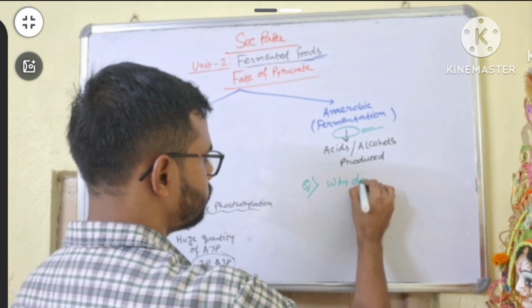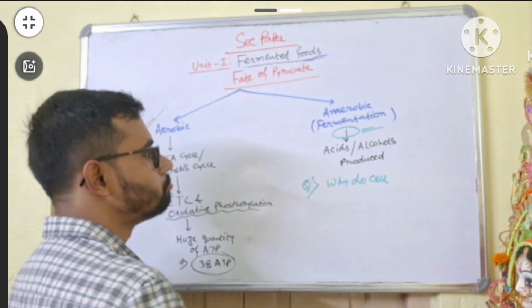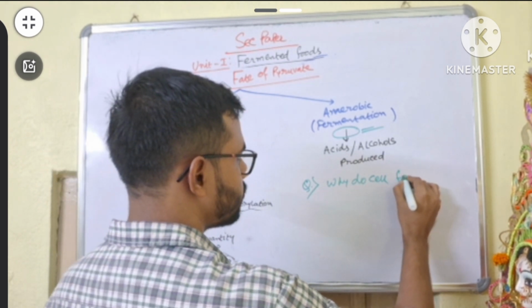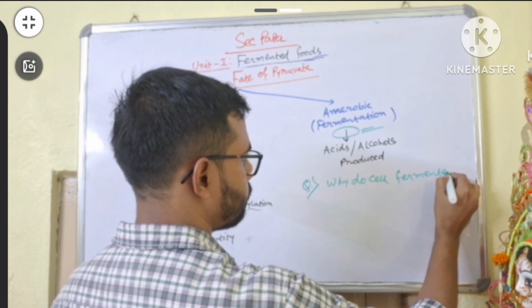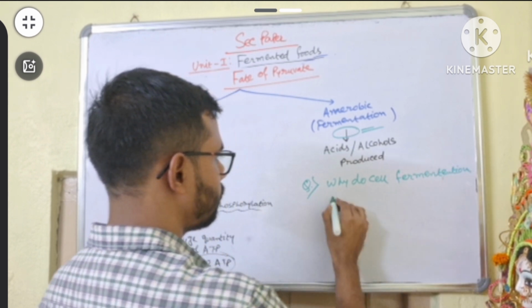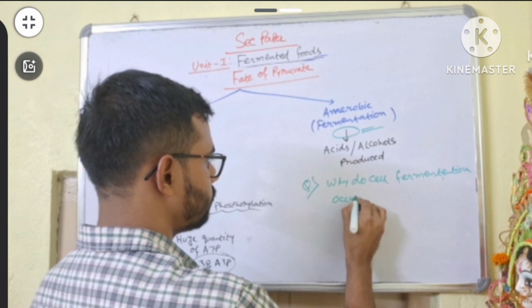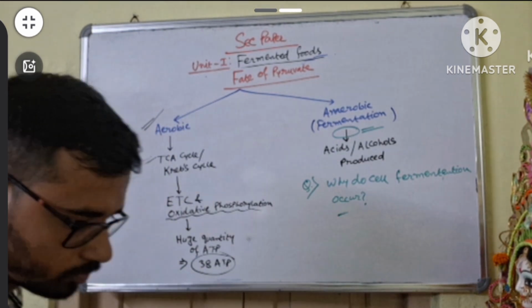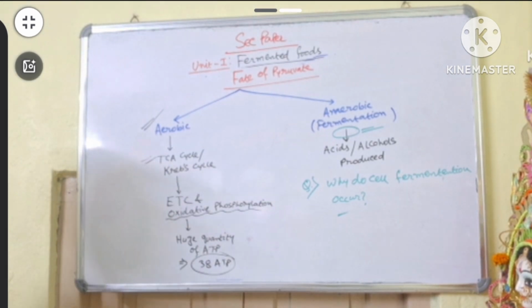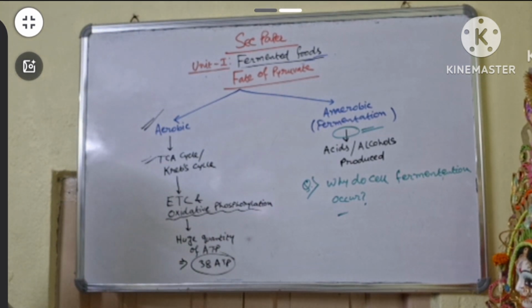Why does fermentation occur? Why do cells ferment pyruvate into acids or alcohol?